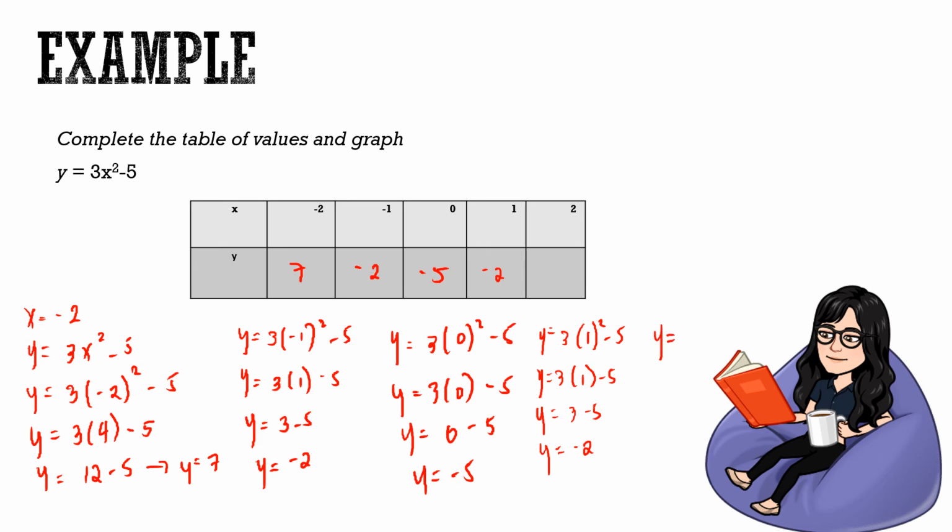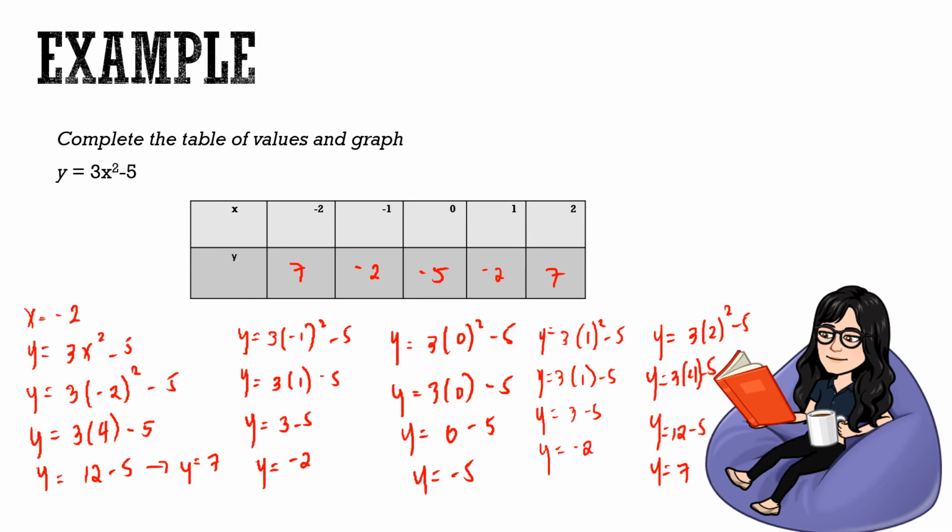We have y equals 3 times 2 squared minus 5. So y equals 3 times 4 minus 5. So y equals 12 minus 5. So we have y equals positive 7. Okay? Now, we already completed the table of values. We can now graph.